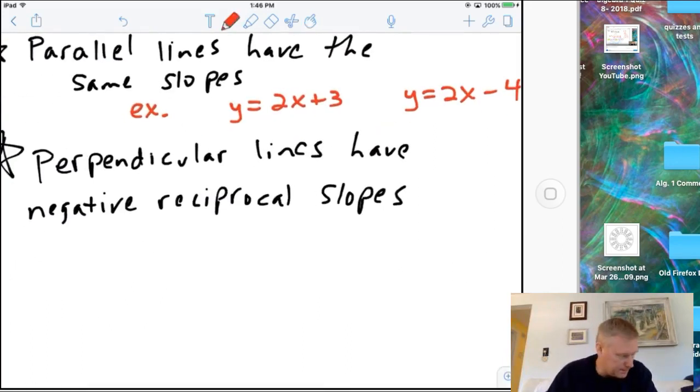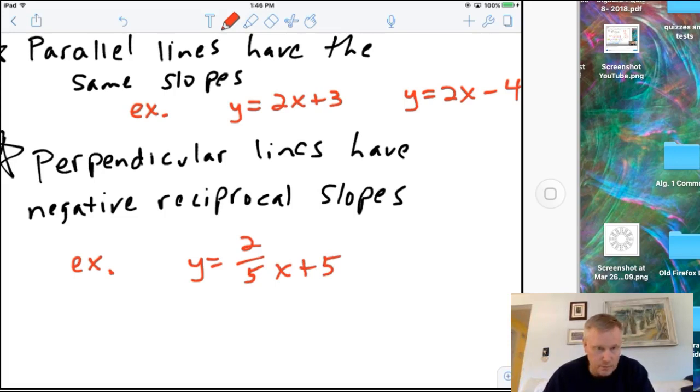Okay, perpendicular lines, example would be y equals 2/5 x plus 5. Now, negative reciprocal means you take the fraction, flip it upside down, and change it from positive to negative or vice versa. So if I flip that part, it's all about the slope.